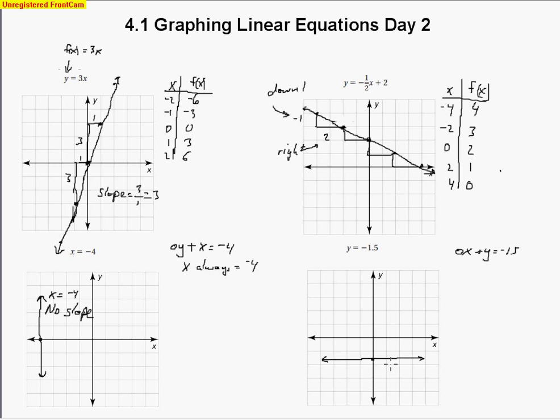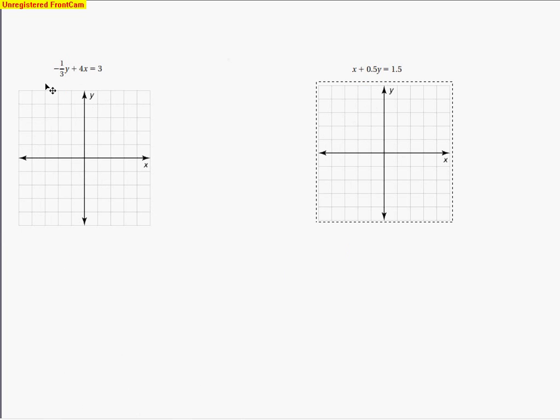So when we have a horizontal line, that means we have 0 slope. 0 slope in this case. So if it's that vertical line, that's when we have no slope. Horizontal line, 0 slope.